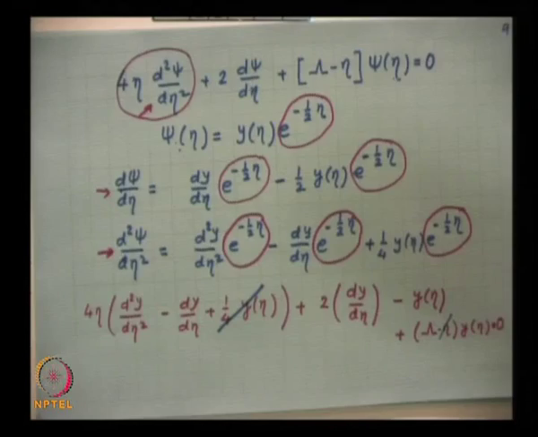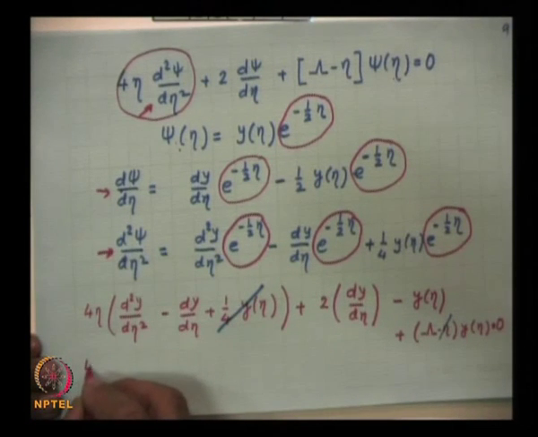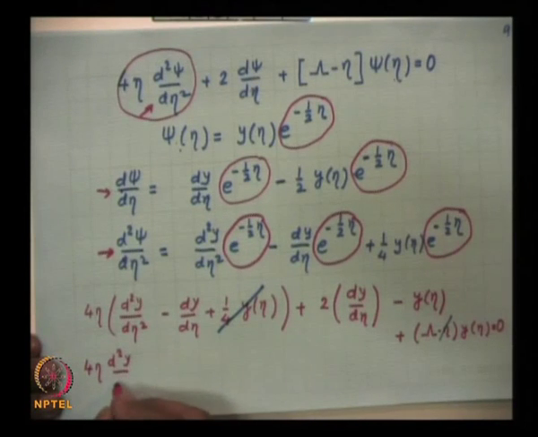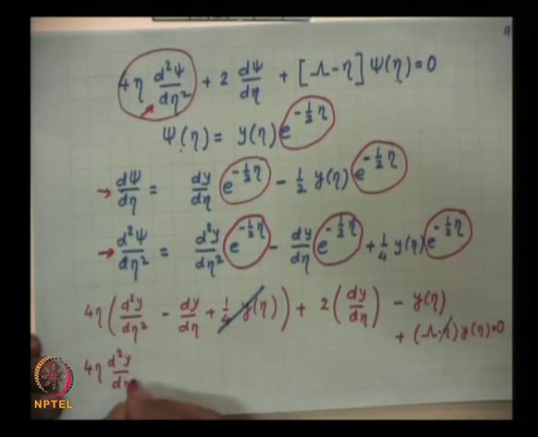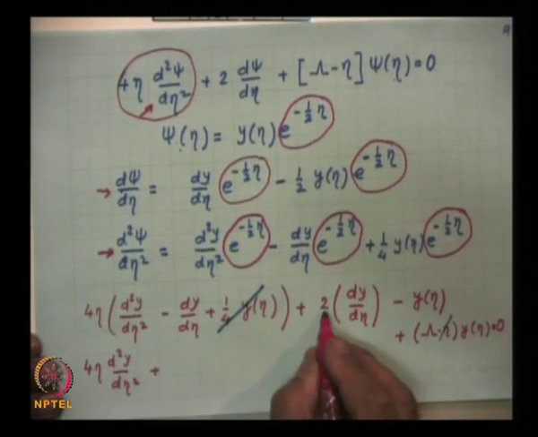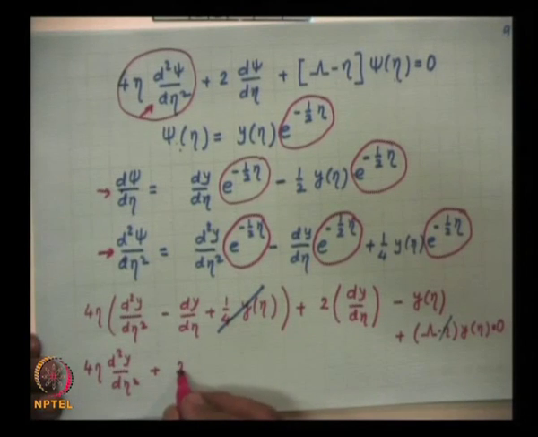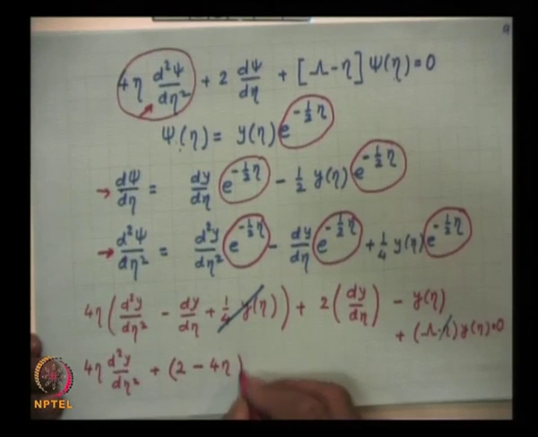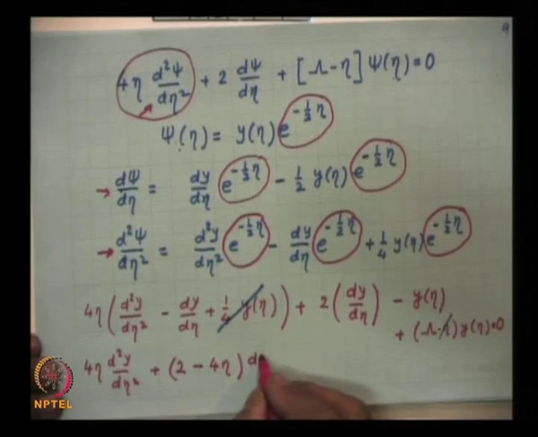So, we will obtain 4 eta, let me do it carefully, d2y by d eta square plus 2 minus 4 eta dy by d eta.